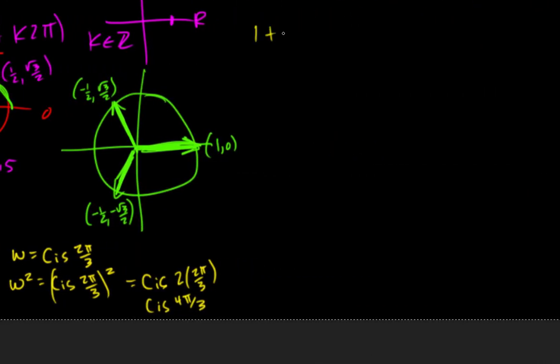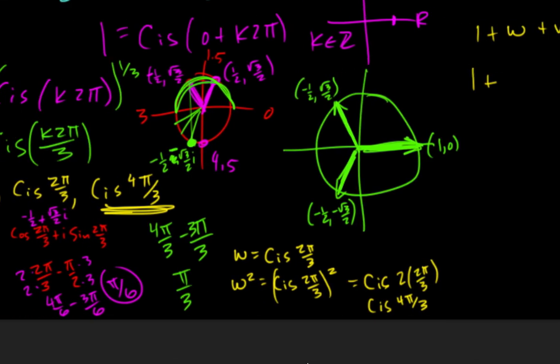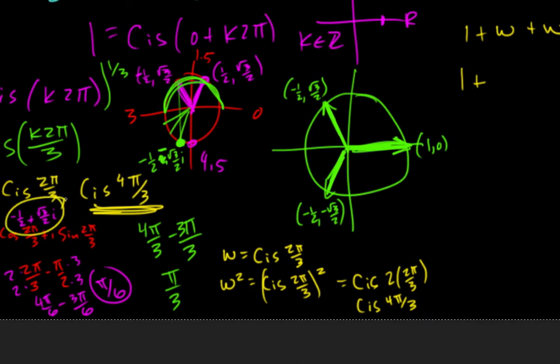And then if we do 1 plus W plus W squared, we get 1 plus, what was the answer? I forgot. Right here. -1/2 plus the square root of 3/2 i.